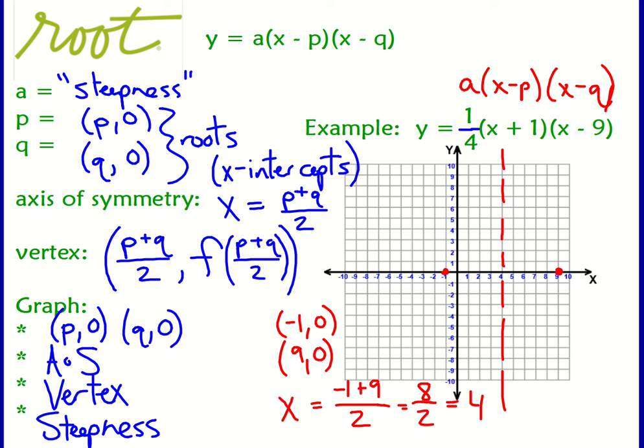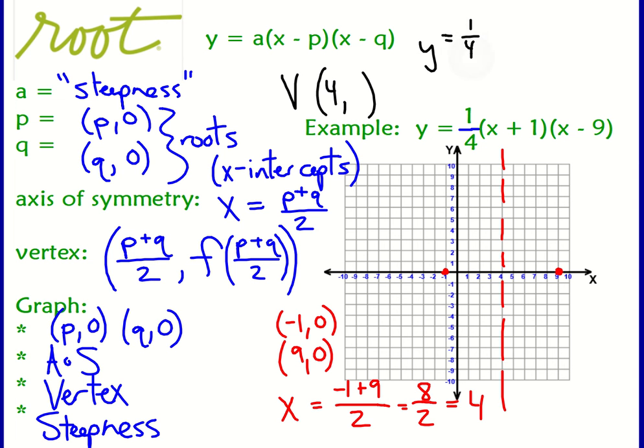Then, to get the vertex, I can take x equals 4 and substitute it back into the function. I'm going to do that up here in this corner where I've got some room. So the vertex is going to be (4, something), right? But y is going to then equal 1/4 times (4 plus 1) times (4 minus 9).